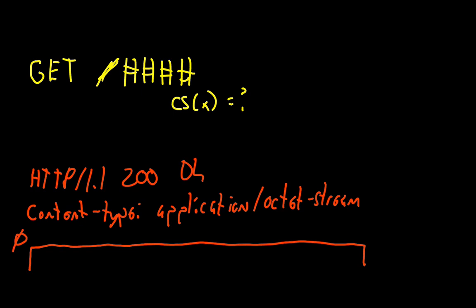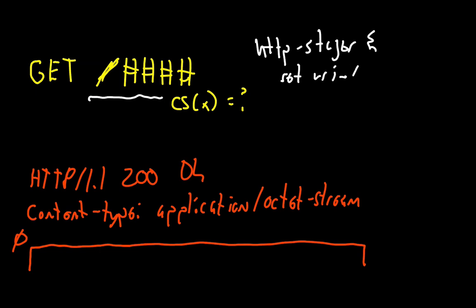Now let me explain how you can customize this. You can use the HTTP stager block. And first, to change the URI, there are two options. There's set URI x86, and there's set URI x64.